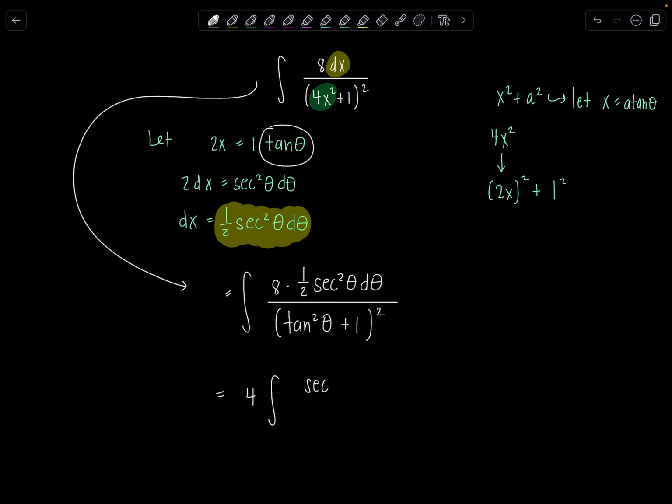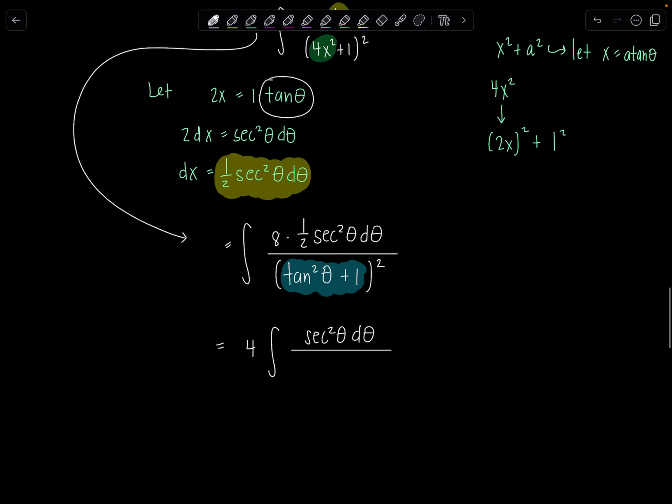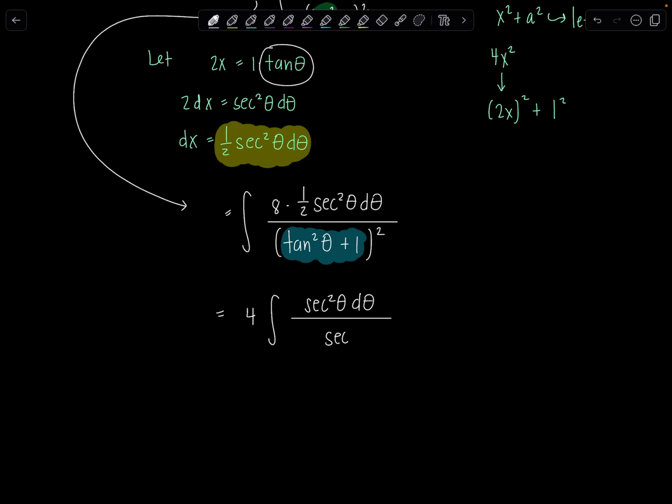And then we've got secant squared theta d theta up top. And remember, anytime you do trig sub, it's so you can use a Pythagorean identity. So I'm going to replace tan squared theta plus 1 with secant squared theta, and then all of that is squared again.